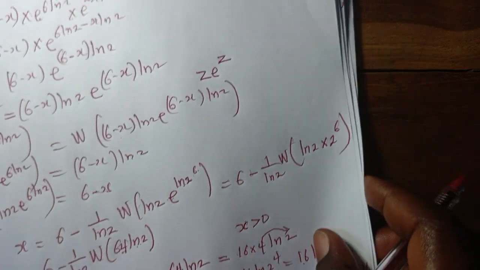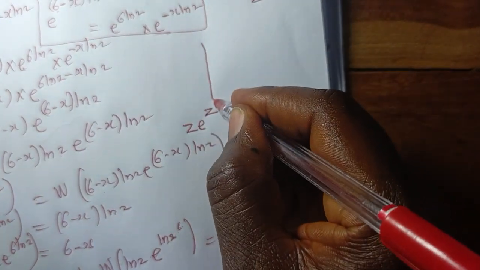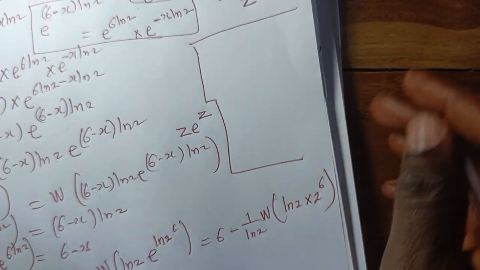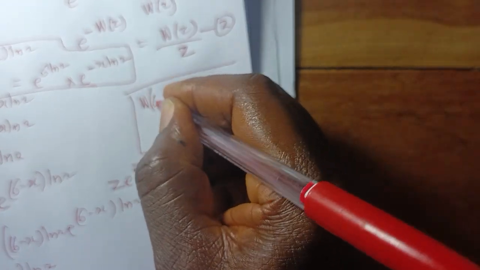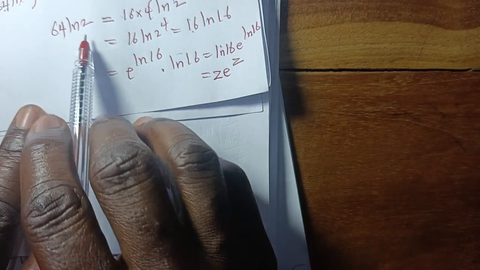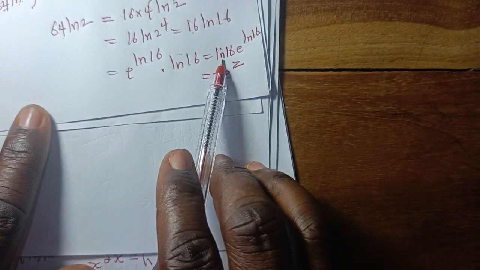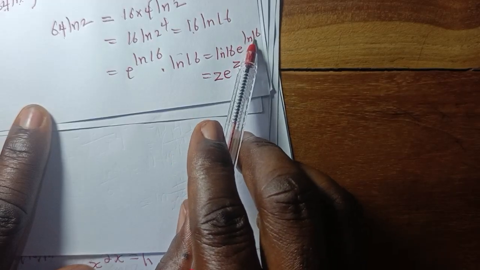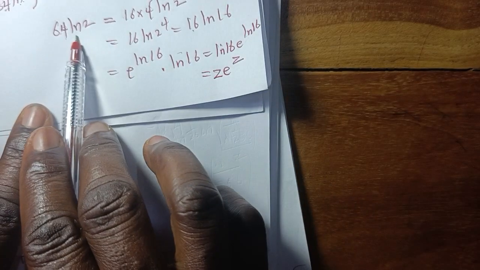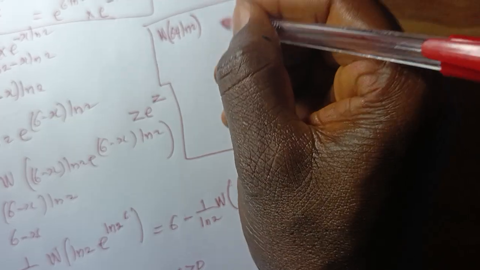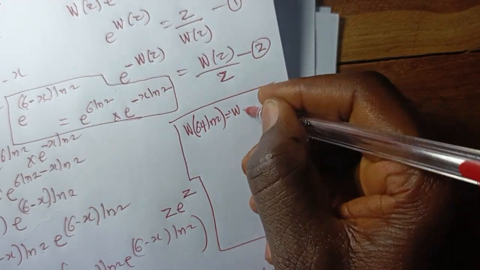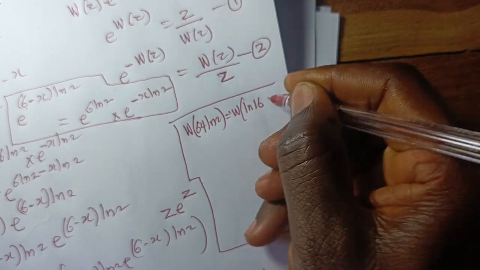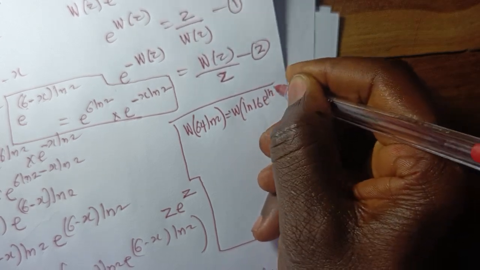So I want to simplify it here to save time. Therefore, when we take the Lambert W function of 64 ln 2, because 64 ln 2 can also be written as ln 16 multiplied by e raised to power ln 16, and that is what we obtain when we simplify this, which is also equal to the Lambert W function of ln 16 multiplied by e raised to power ln 16.